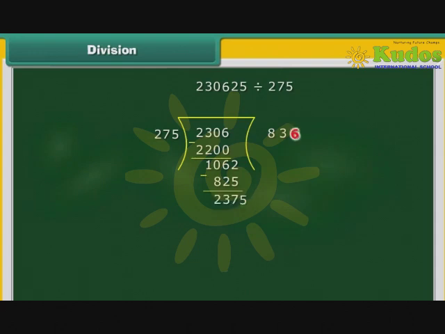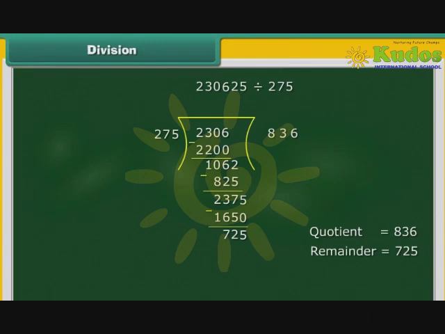It holds 6 times 275, that is 1650. Subtract and write the difference 725 below. As there are no more digits in the dividend, we come to the end of division operation. Thus, the quotient is 836 and the remainder is 725.